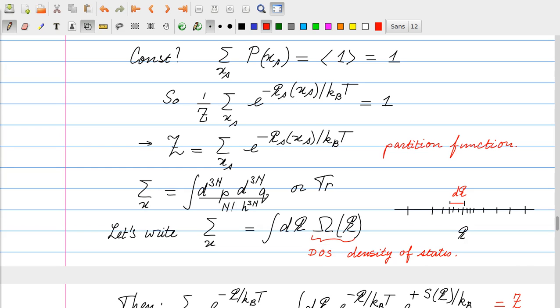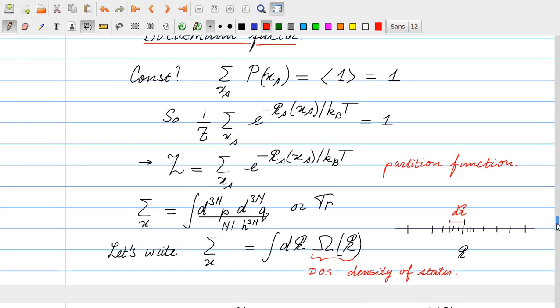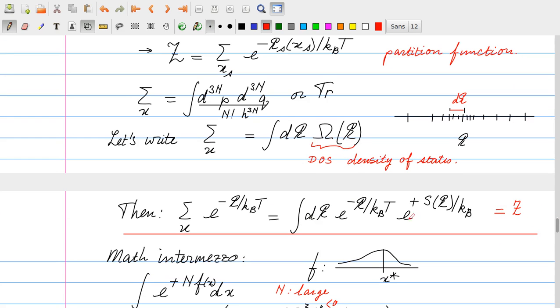Now that number of states can be written as e to the power S over k_B, as we have seen before. And so if I want to calculate a partition function, which is the sum over all states of e to the power minus E over k_B T, I can replace that sum by the integral if I include here this Omega of E, which is called the DOS, the density of states.